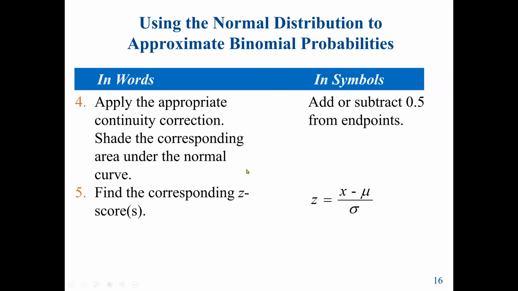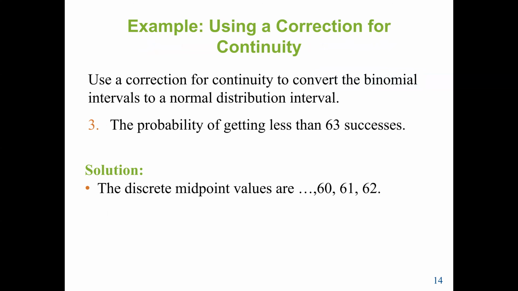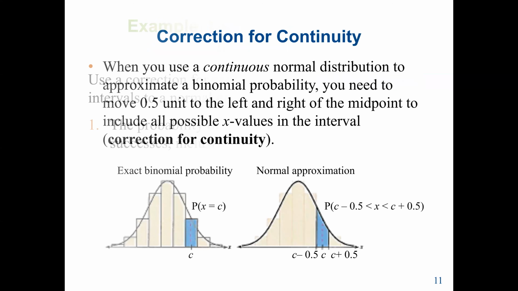Let's go back. So this is how the graph will look. We have a value, it can be any value, let's say 100. So we shift to the left and to the right, because in a normal distribution we have to find the area under the curve.